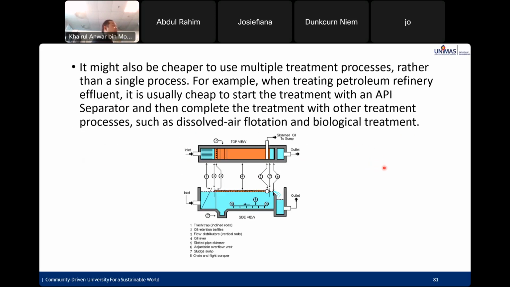Why is it cheaper to use multiple treatment processes rather than a single process? For example, when treating petroleum refinery effluent, it is usually cheaper to start the treatment with an API separator and then complete the treatment with other treatment processes such as dissolved air flotation.